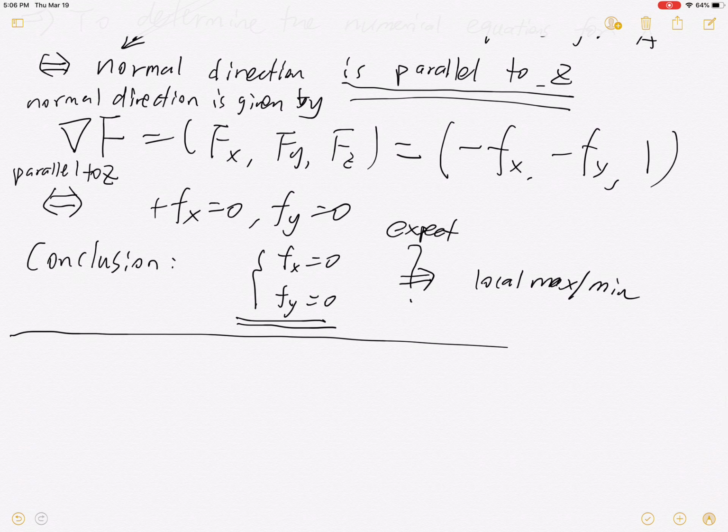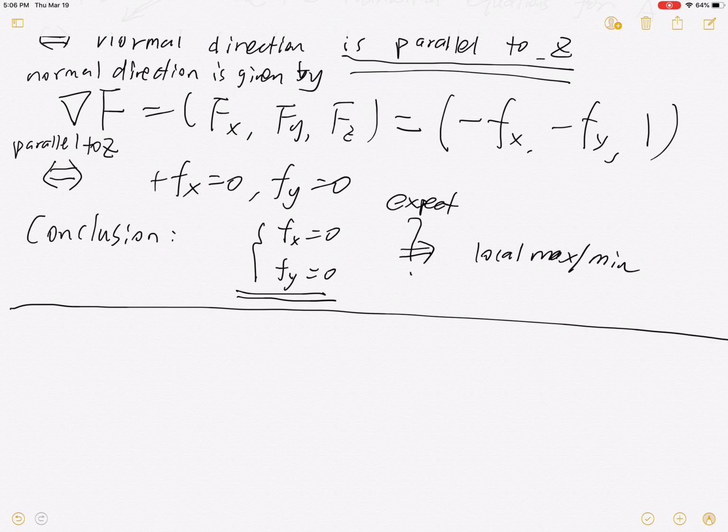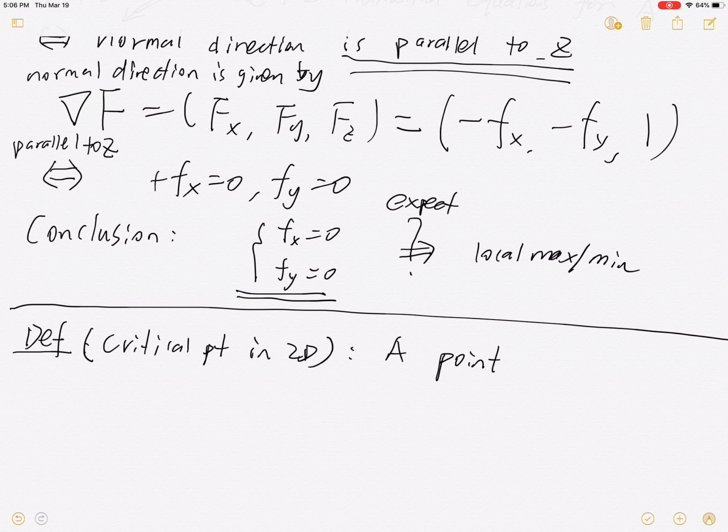So this leads us to the following definition, which generalizes the critical point in 1D. So, critical point in 2D. Based on this, actually you can make further generalization to 3D or ND.